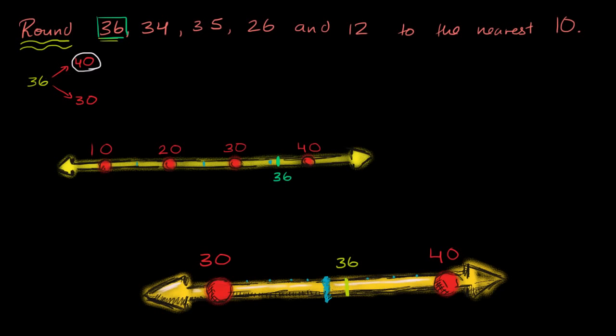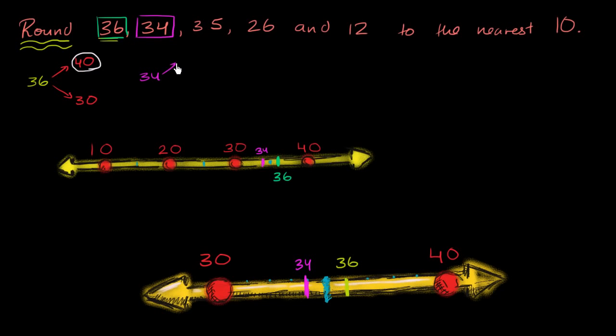Now let's try some of these other numbers. What about 34? And I encourage you to pause the video. Think about what number you would get if you were to try to round it up or round it down, and then which one it is actually closer to. Well, 34 is right over here on this number line, and on the number line where we zoom in, 34 is right over here. And we have two options.